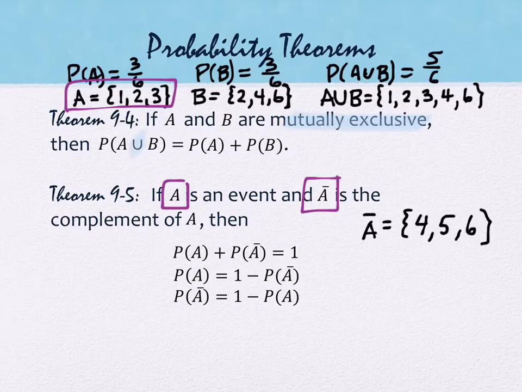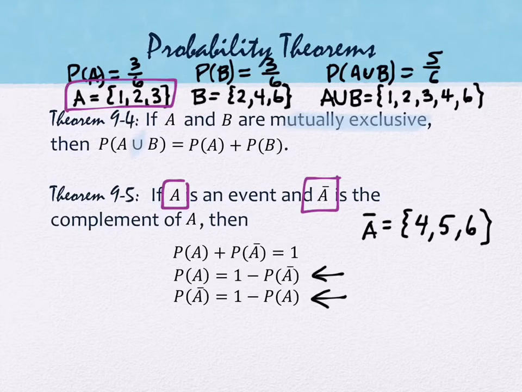Well, what this theorem says is that if I added the probability of A and the probability of A complement, I get back everything. And these other 2 are just variations of it. All these are is subtracting the probability of A or the probability of A complement to the other side. Okay? So in other words, if I knew that the probability that it was going to rain today was 0.4, then what's the probability that it's not going to rain? 0.6.